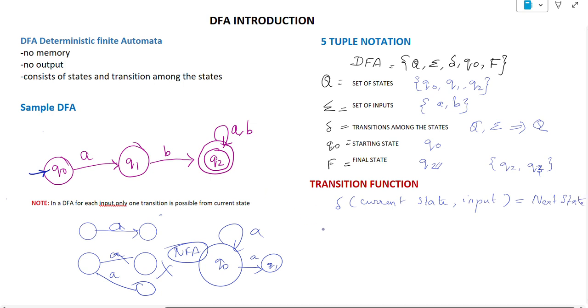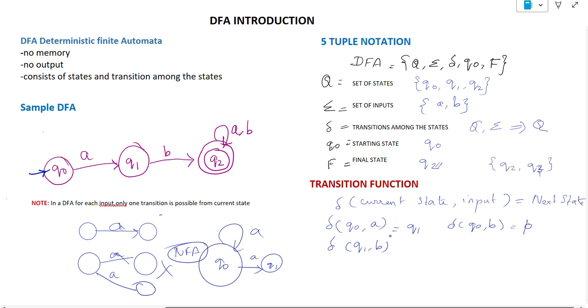We'll list down the transition functions used here. Delta of Q naught comma A is equal to Q1, so on receiving A, it moves to Q1. This is the current state, this is the input, and this is the next state. There is no transition for Q naught comma B, and if there is none you can represent it as null, that is, delta of Q naught comma B is equal to null.